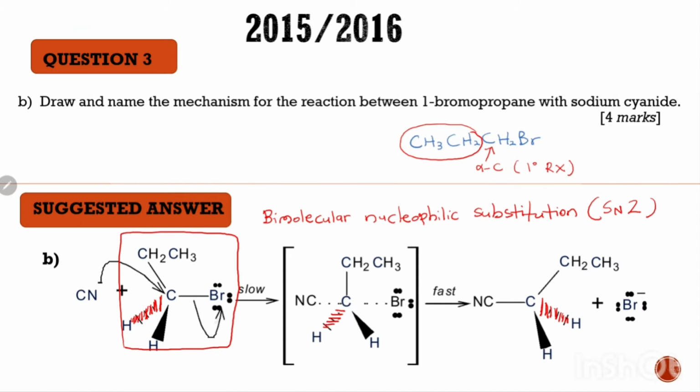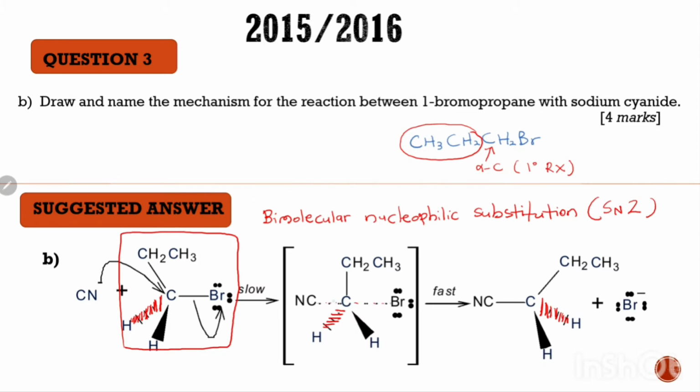Okay, so the SN2 mechanism is a 1-step mechanism. So we have to show the activated complex at the transition state. So here the bond between carbon and bromine and carbon and CN should be in dotted line.